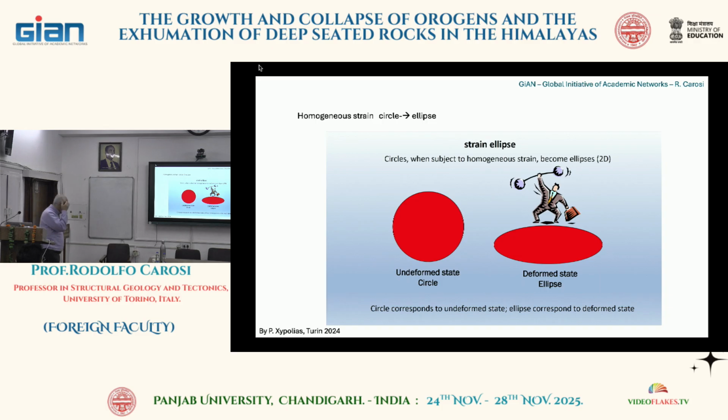Now we recall a little bit about the strain ellipse. After you have an undeformed state represented by a circle, after homogeneous and continuous deformation, this circle becomes an ellipse with a long axis and a short axis. So finite strain means to characterize the shape of the ellipse in the deformed state.